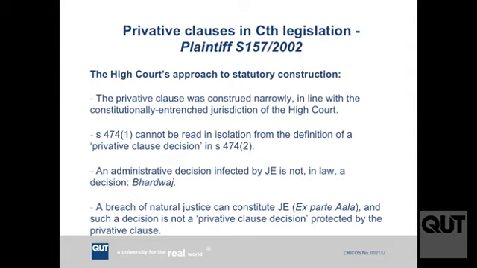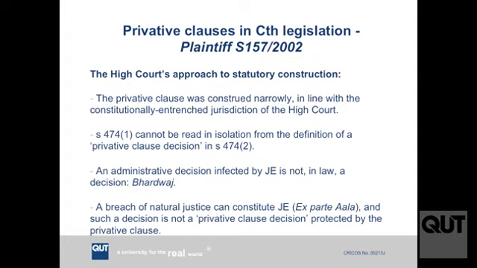Despite the fact that the legislative intent was abundantly clear, judges have long responded negatively to legislative attempts to limit or exclude the scope of judicial review of administrative action. This is because, although there may be policy reasons for using privative clauses, they tend to offend the rule of law.